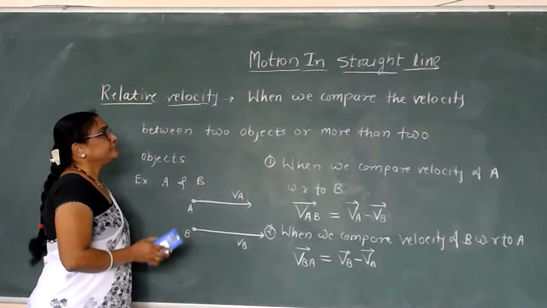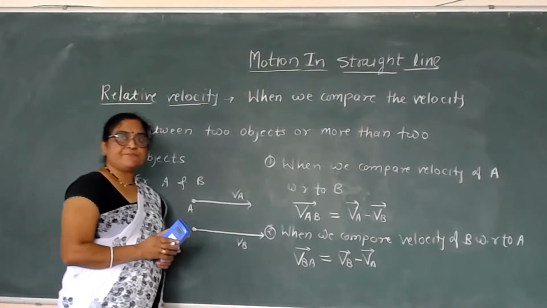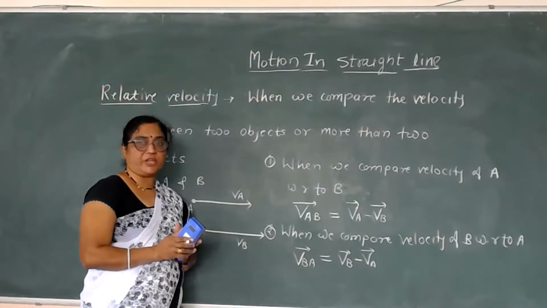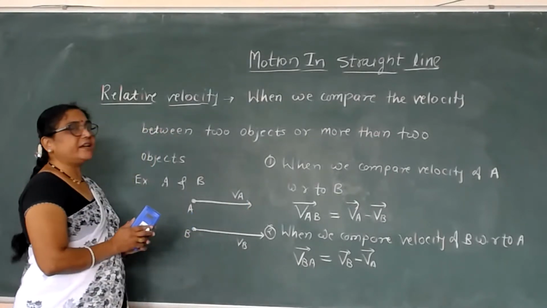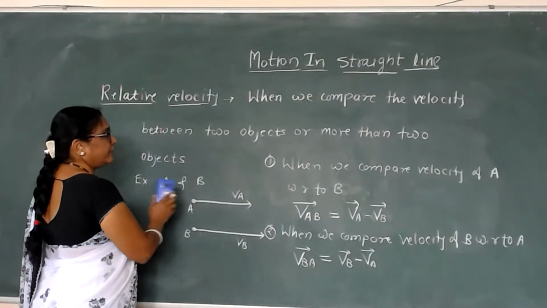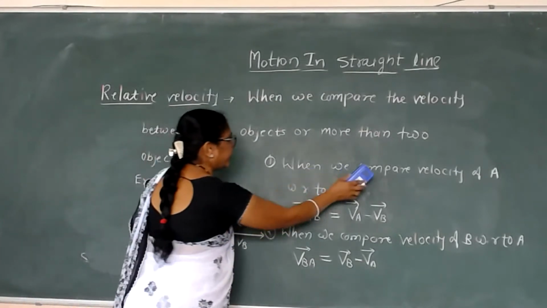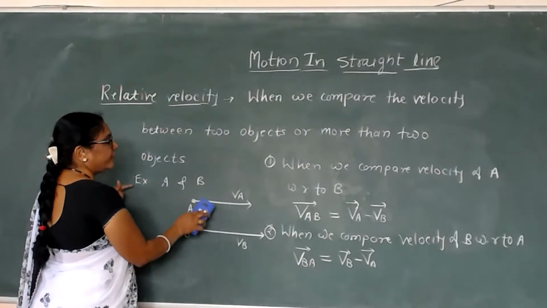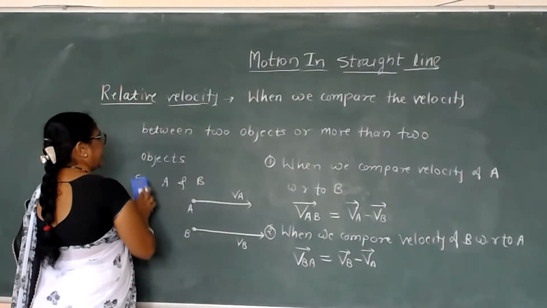Next part: when both objects are moving in opposite directions, or when both objects approach each other, what is the relative velocity? These formulas apply when both objects are moving in the same direction.